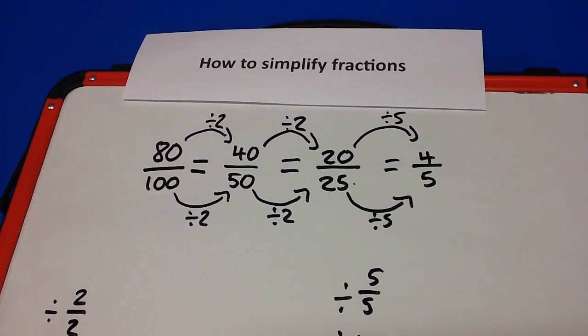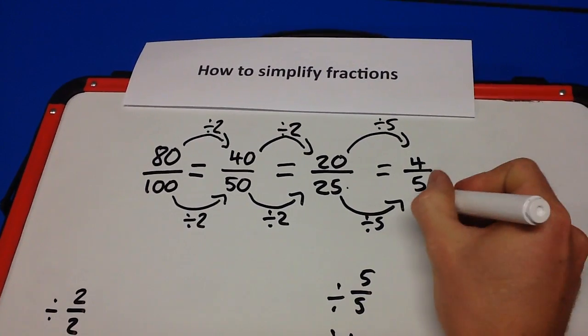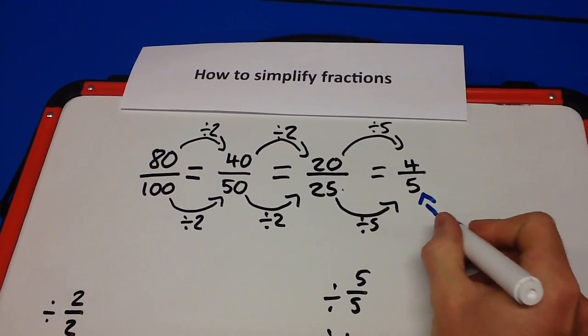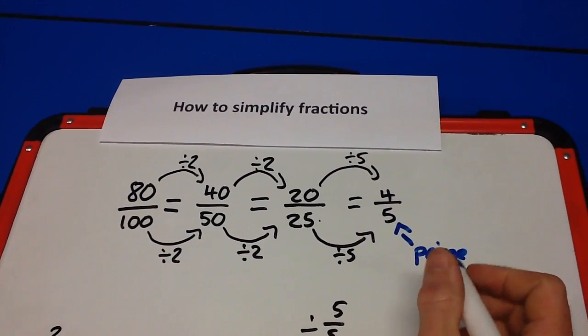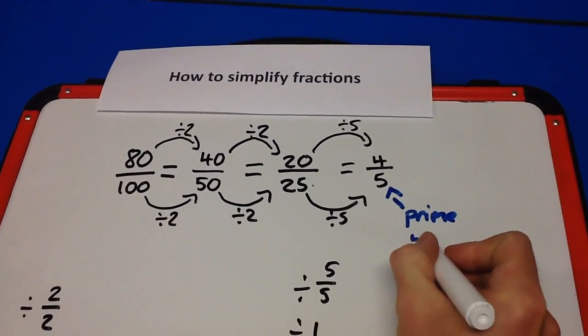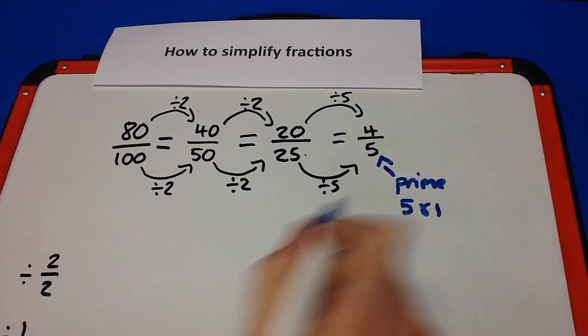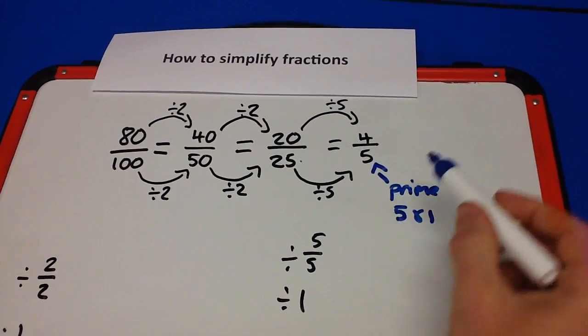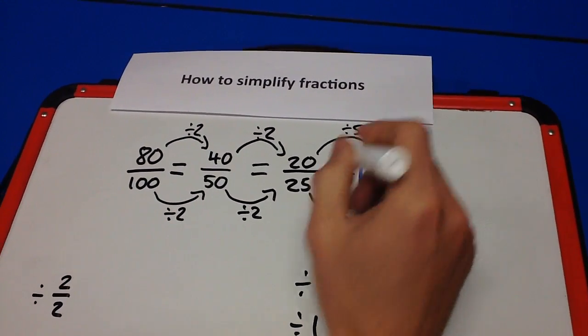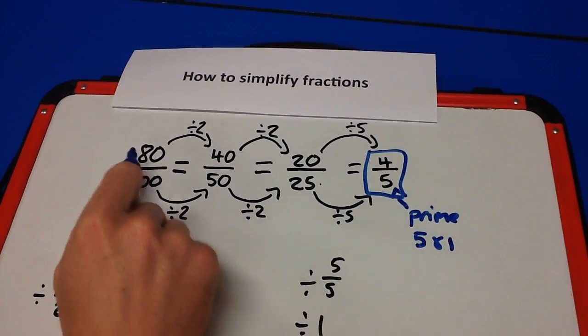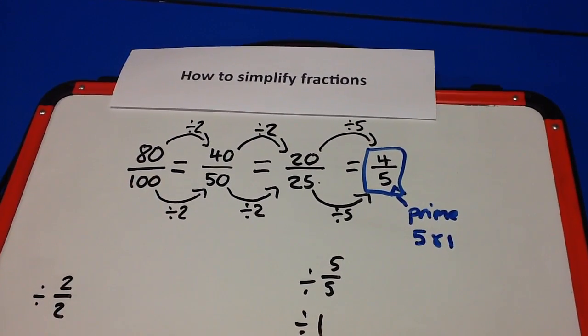You should notice, now that you know your prime numbers, that 5 is prime. It's a prime number. So it can only be divided by itself, 5 and 1. Well, 1's not going to change it at all. And can I divide 4 by 5? No. So 4/5 is the simplest form of 80/100.